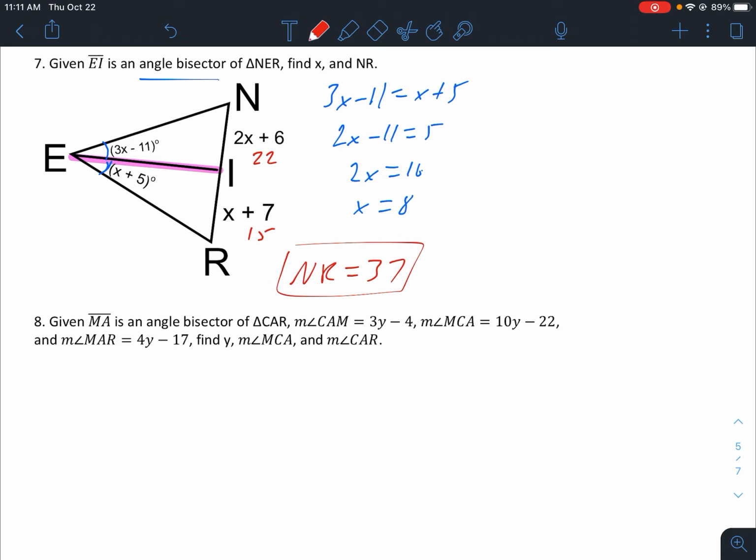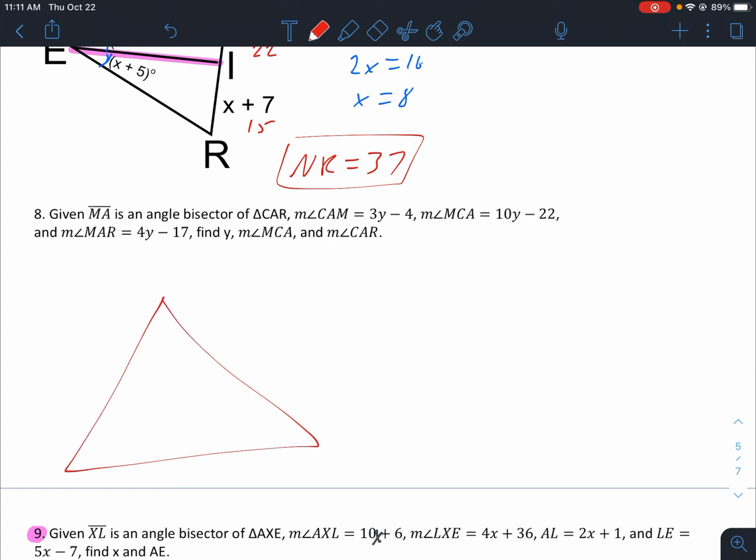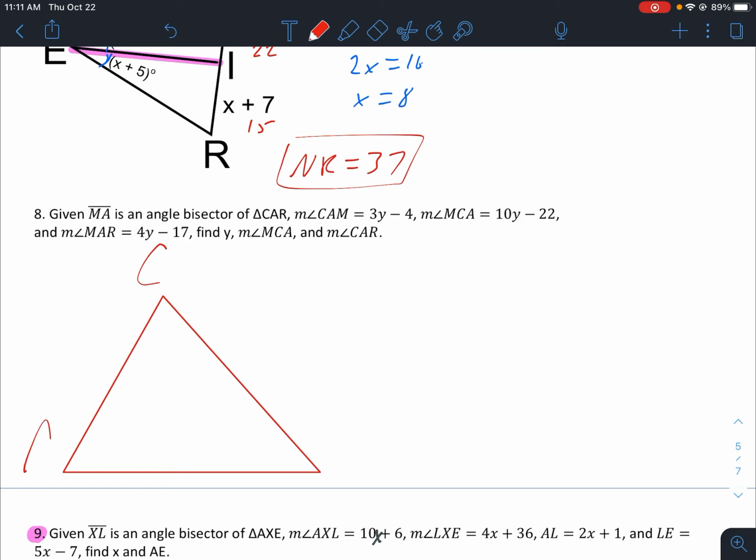Number 8. All right, we got to draw our own picture for this. Given MA is an angle bisector of CAR. Let's stop there and draw the picture. Draw a triangle CAR. MA is an angle bisector. So from A, draw an angle bisector.